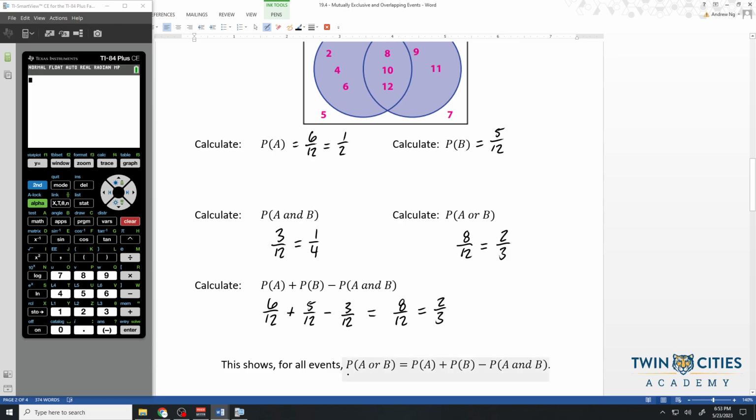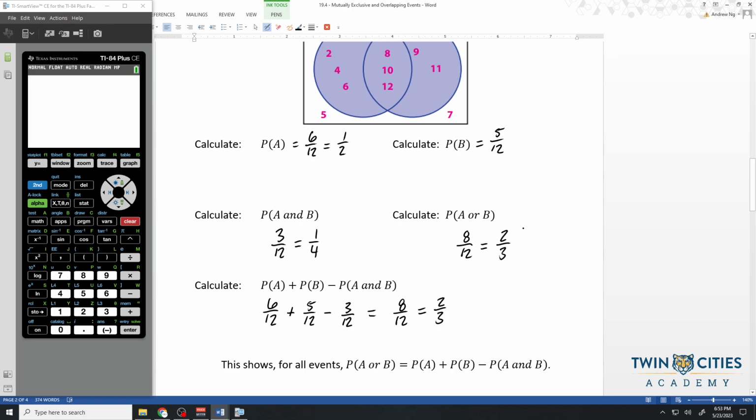Here I see for all events, the probability of A or B is equal to the probability of A plus the probability of B minus their intersection, the probability of A and B. This works for both inclusive and exclusive events.